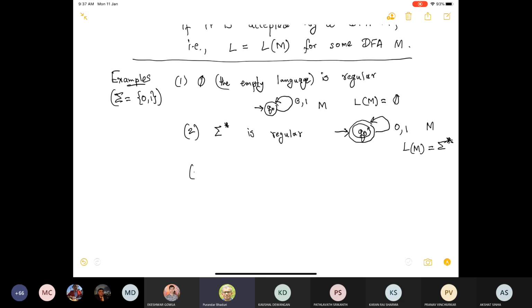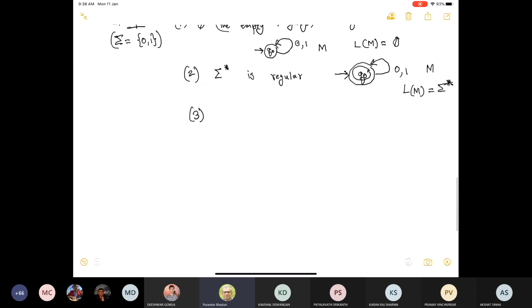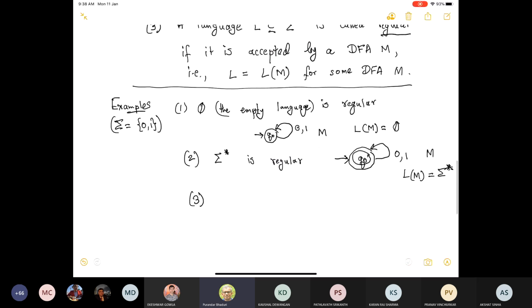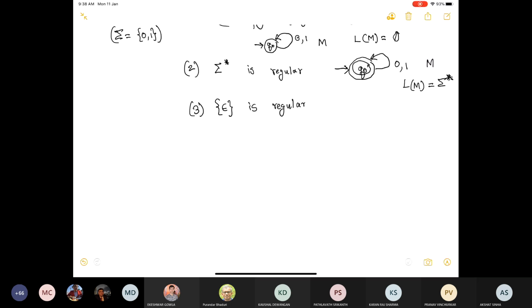And by the way, the empty language is different from the singleton set containing epsilon. And this is also regular. And how is that? What is the machine that accepts this particular language?